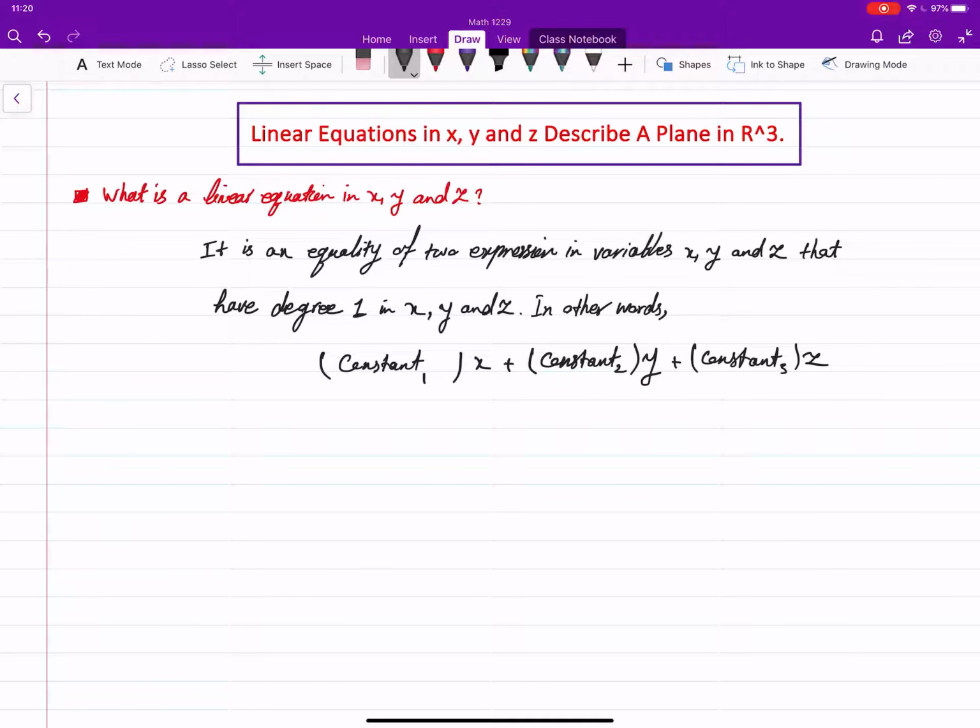So two expressions in this form are equal. That equation is called a linear equation.